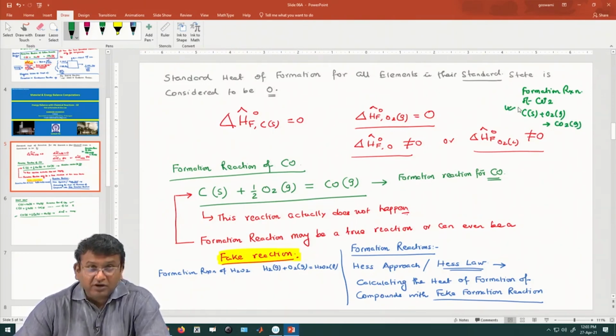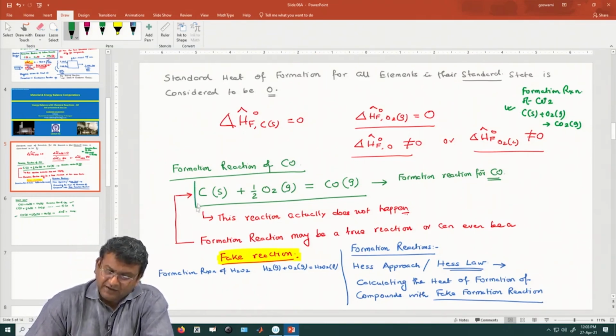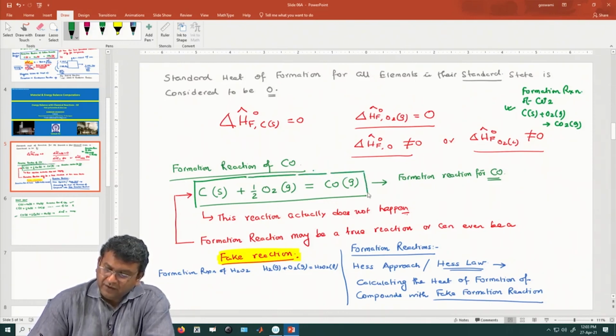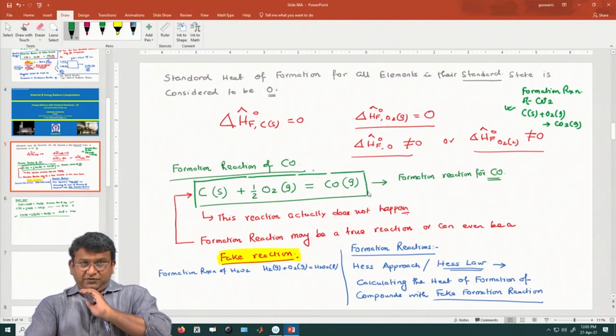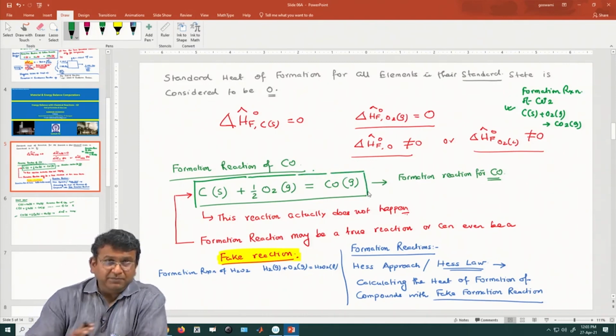But let us say when we talk about carbon monoxide, we can certainly write the formation reaction, and this is the formation reaction we have. So, there is no problem in writing it. C plus half O2.